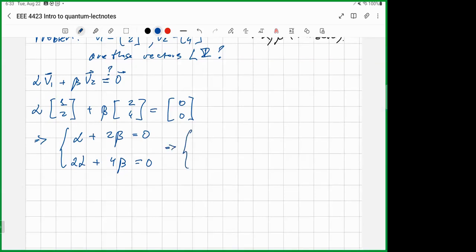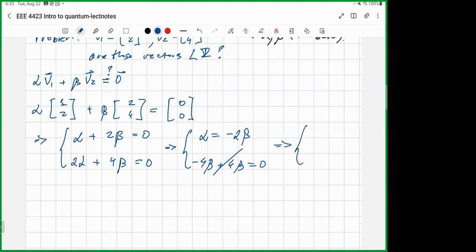From the first equation, I conclude that alpha is equal to minus 2 beta. So we define alpha in terms of beta, and now I plug this alpha, minus 2 beta, into the second equation, which gives me minus 4 beta plus 4 beta equals 0. So this second equation cancels out, right? Minus 4 beta plus 4 beta gives 0, so it's satisfied.